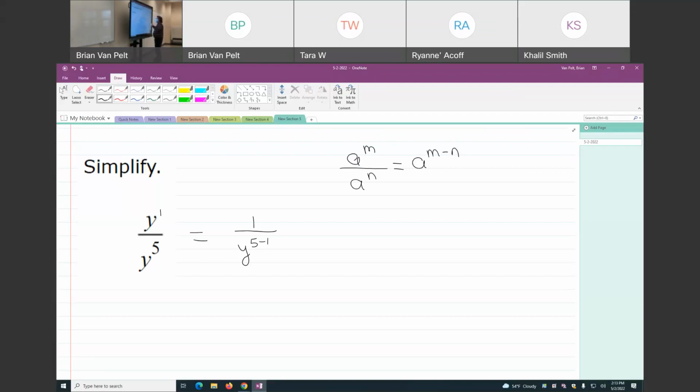By the way, it also says this is the same as 1 over a to the n minus m. Almost certainly one of those will have a negative exponent and the other will not, so you just simplify it. Anyways, we end up with 1 over y to the 4th.